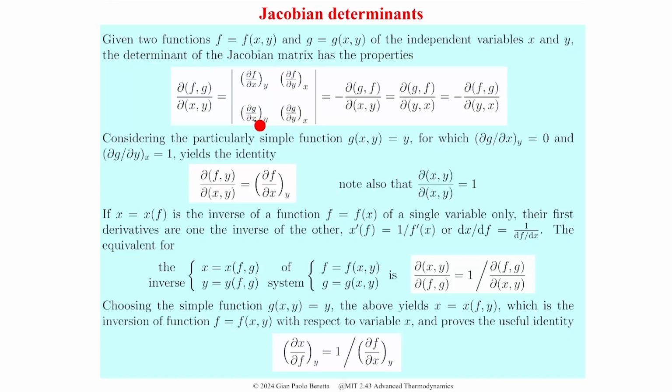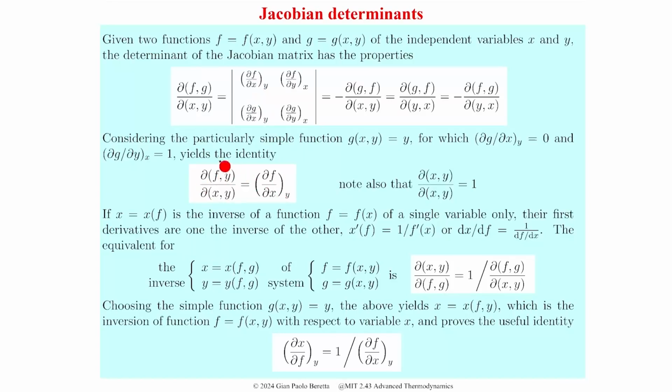Since y and x are independent variables, that's 0. And the derivative of y with respect to y is 1. So that's 0 and 1, which leaves for the determinant just this term here, which is the partial derivative of f with respect to x.